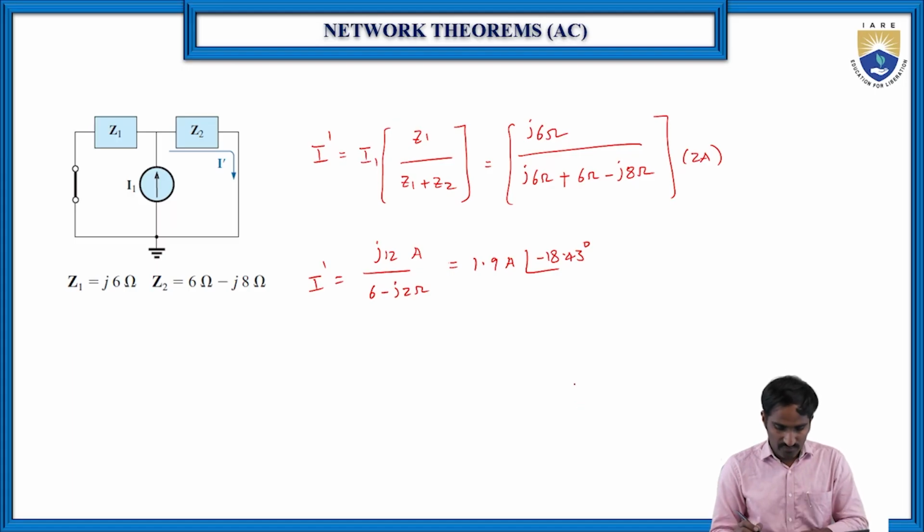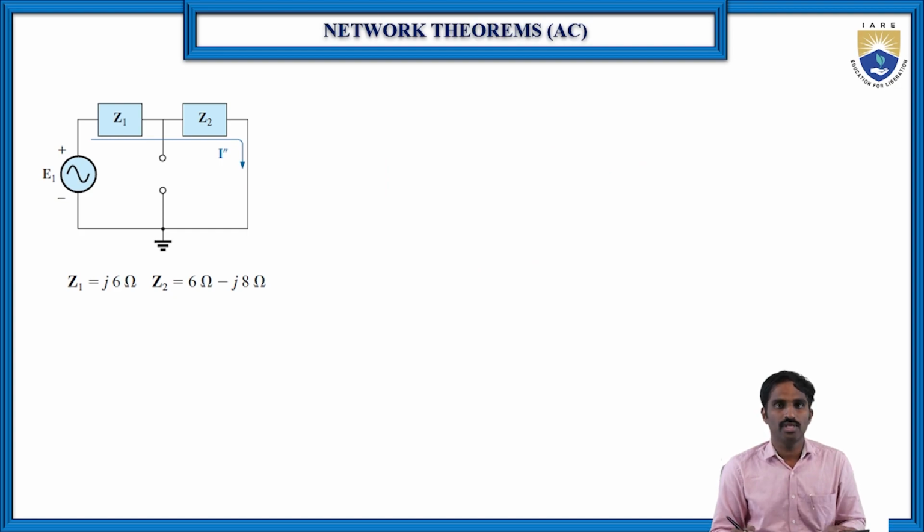In a similar way, for the second circuit, we are considering E1 alone, and the current source is replaced with an open circuit. Then find the current flowing through Z2, which is I double dash. This is very simple because Z1 and Z2 are in series.